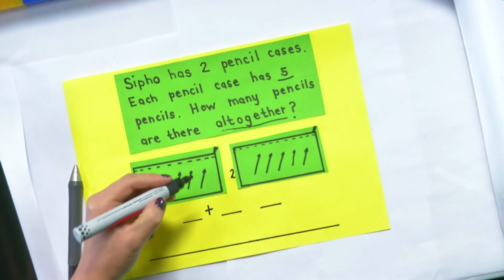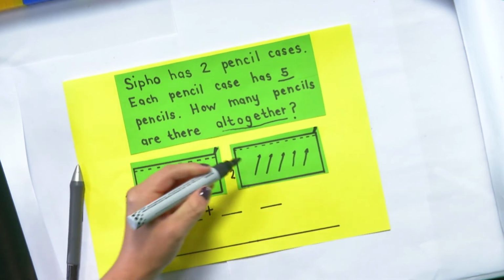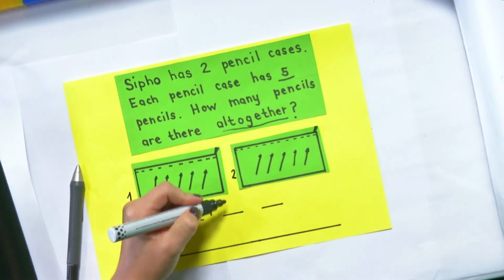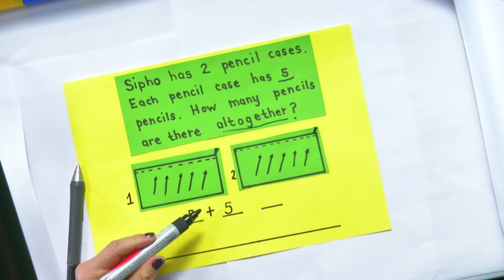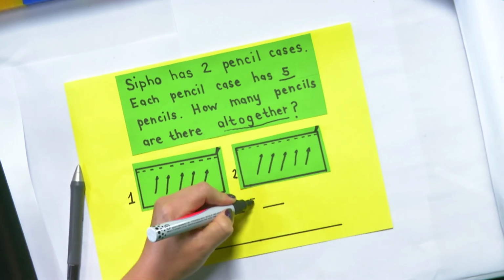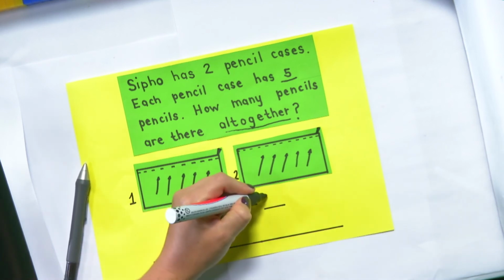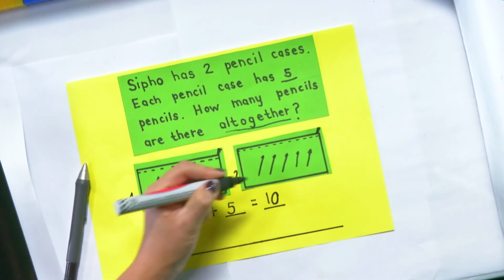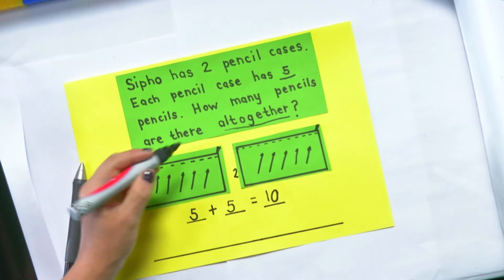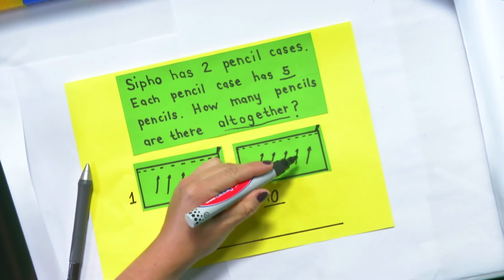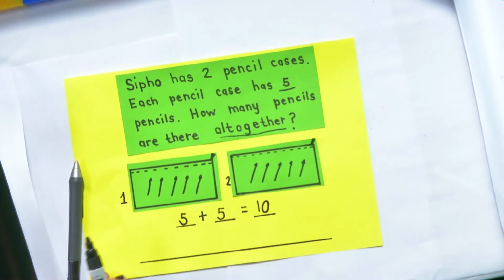So I have 5 pencils in this case and 5 in the next case. If I say 5 plus 5, it is going to give me how many? 10. Yes, so we will have 10 pencils. 1, 2, 3, 4, 5, 6, 7, 8, 9, 10. So 5 plus 5 is going to give us 10.